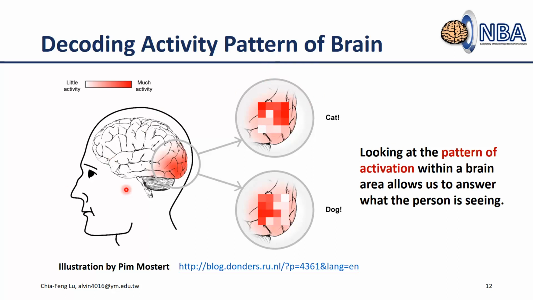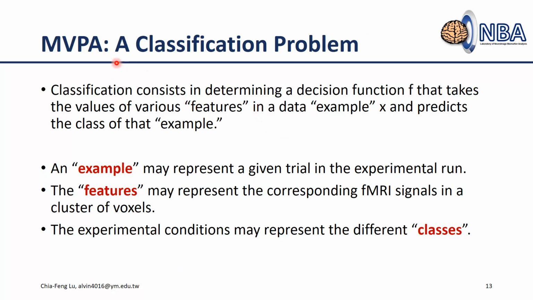As I mentioned before, now we are not really focused on the brain region, but focused on the pattern. We're looking at the pattern of activation within a brain region, or just a few brain regions, to differentiate what kind of stimulus or condition a participant is in. This kind of multivariate pattern analysis is actually a classification problem.